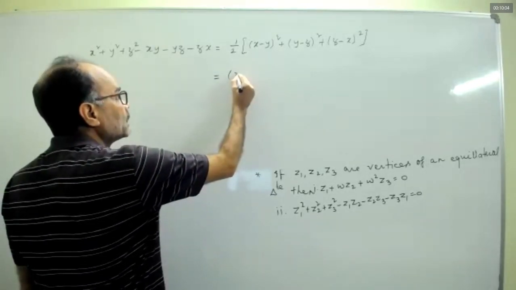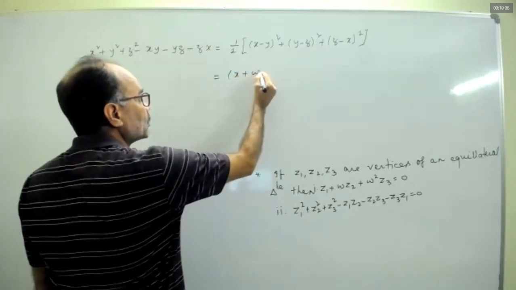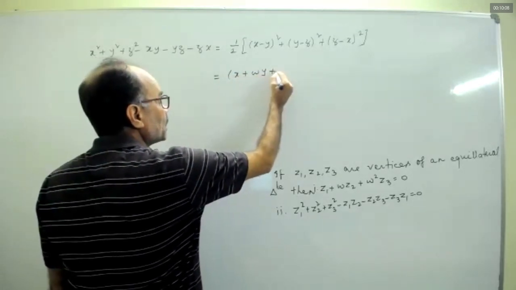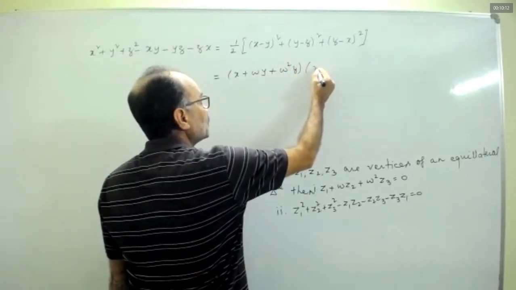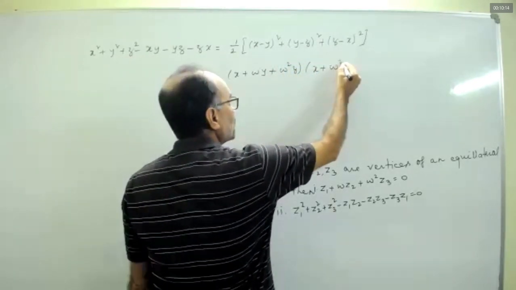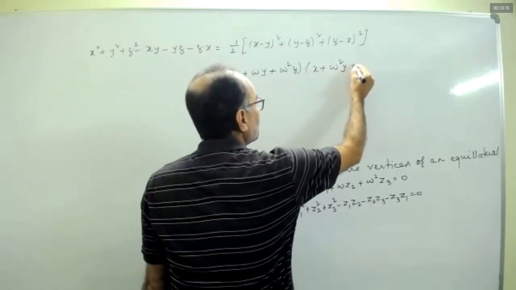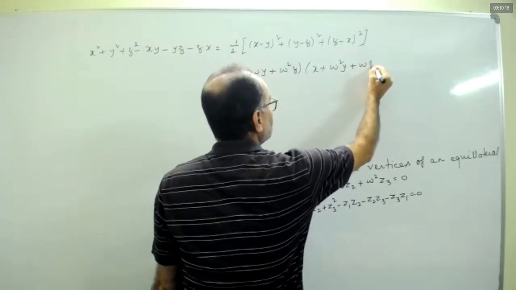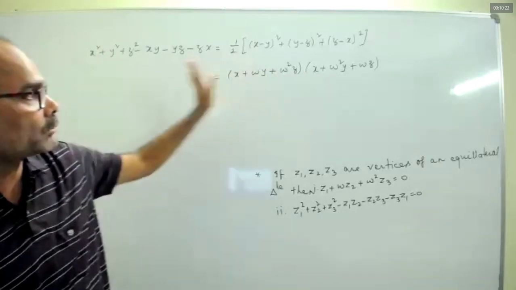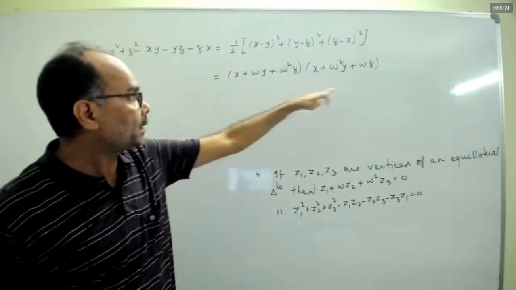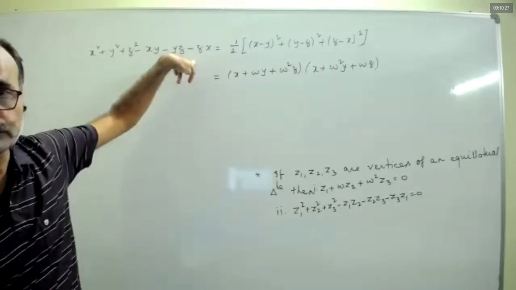This is (x plus omega y plus omega square z) into (x plus omega square y plus omega z), where omega and omega square are cube roots of unity. If you multiply it, you will get it. You can check.